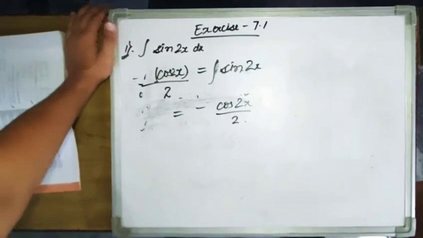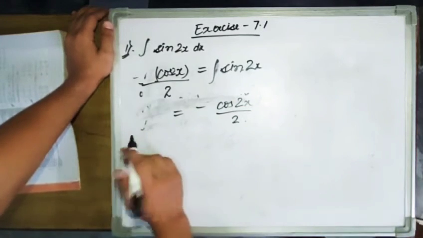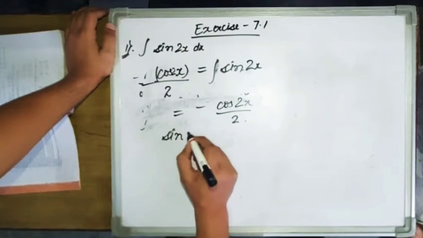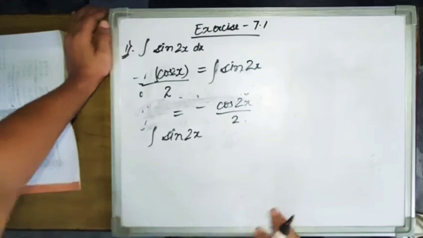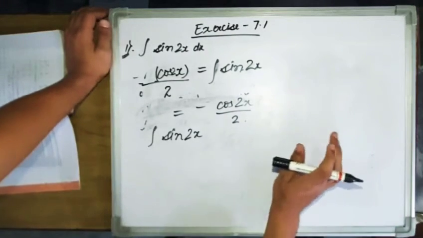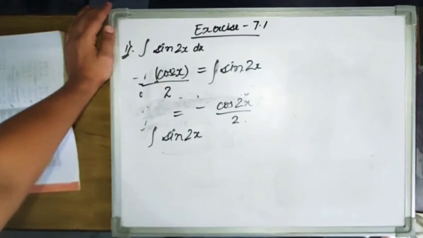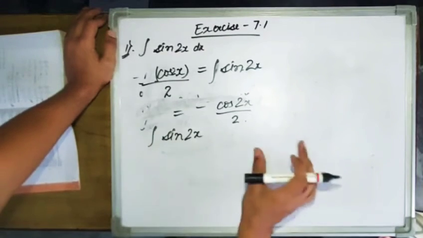You can also find out the integration by the chain rule. Let us consider sin 2x again and find its integration. So students, if you want to find out integration in just 1 second, first of all, remember the derivatives and antiderivatives which are given in your NCERT book. Then simply apply that.